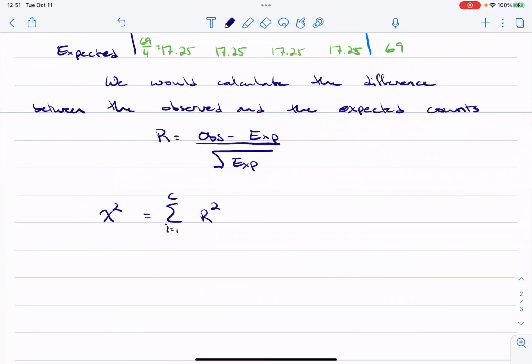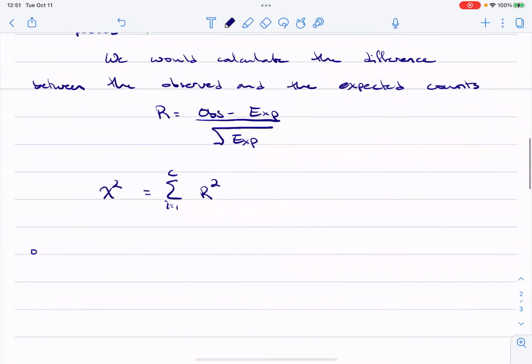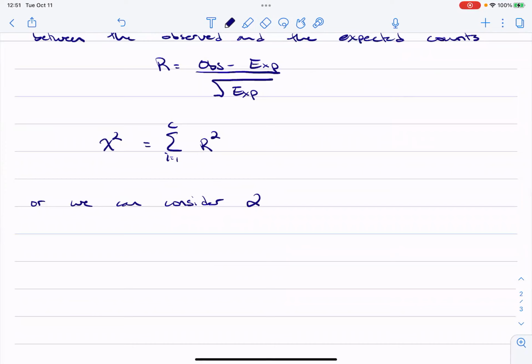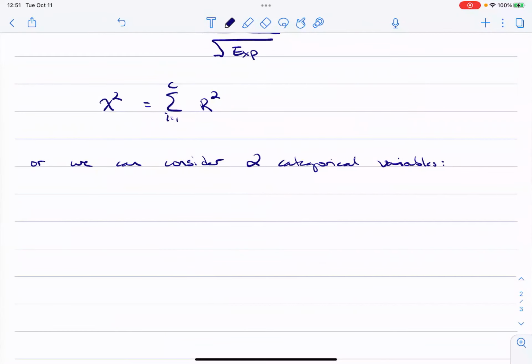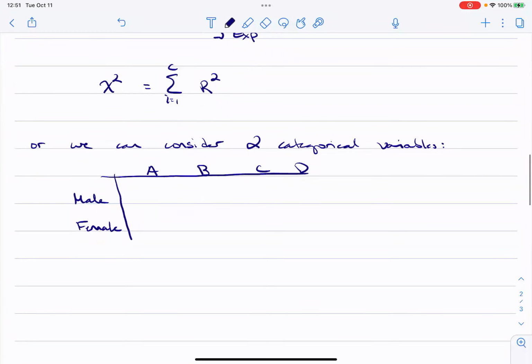So, or we can consider 2 categorical variables. Maybe I split these up by gender, male, female, and then the grades A, B, C, D, for example.